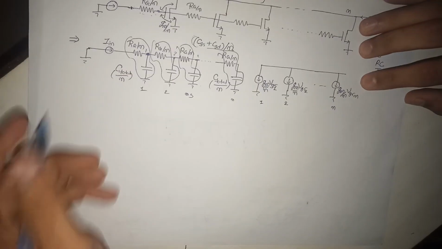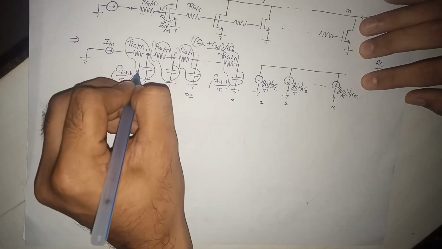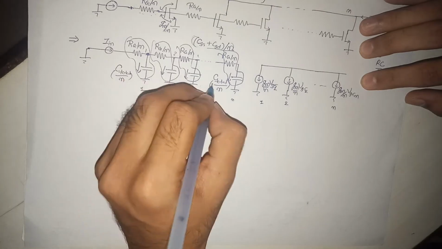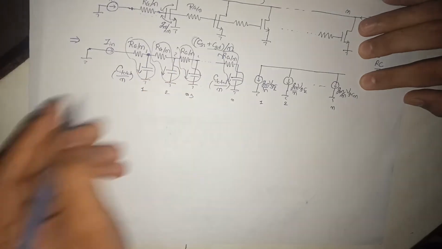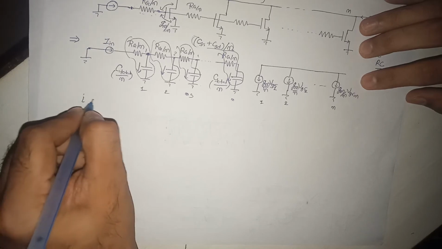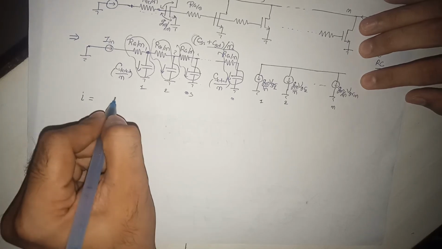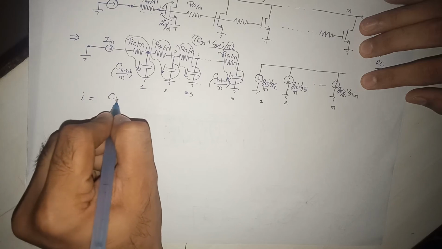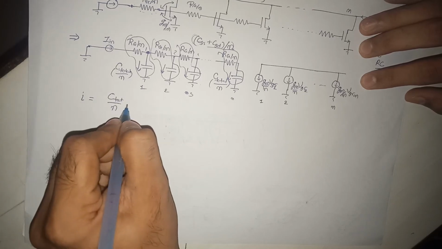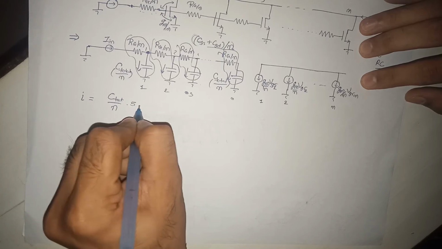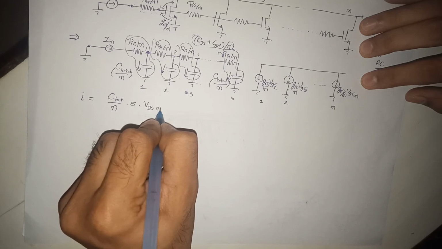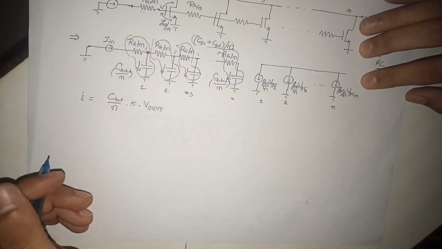Now we will write the current of these branches. I is equal to C total by n into s into VGS of that particular transistor.